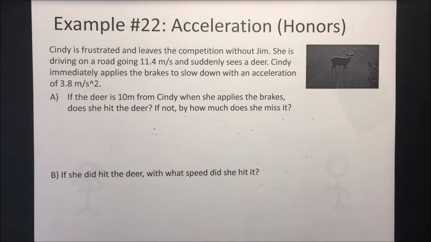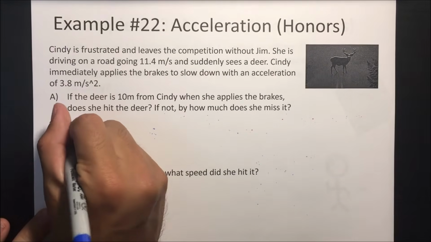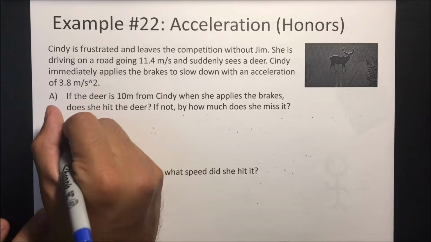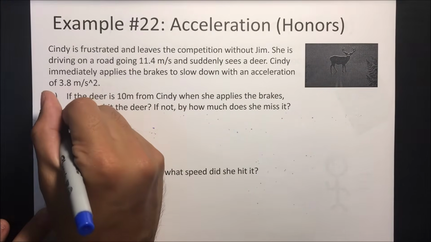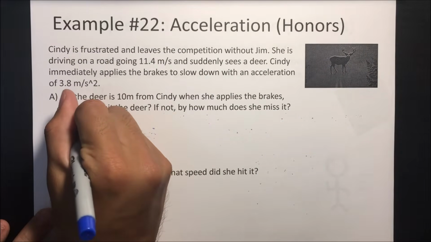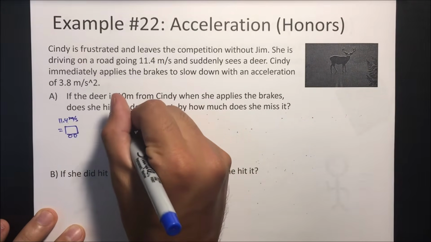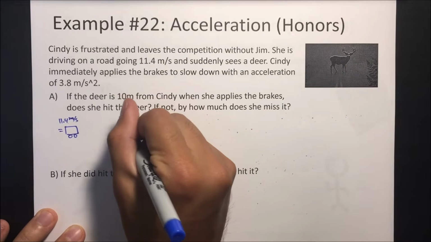Alright, let's draw out this problem. So she's in her car, she left Jim by himself. It's moving fast, 11.4 meters per second. 10 meters away from her is a deer. Oh god, deer.